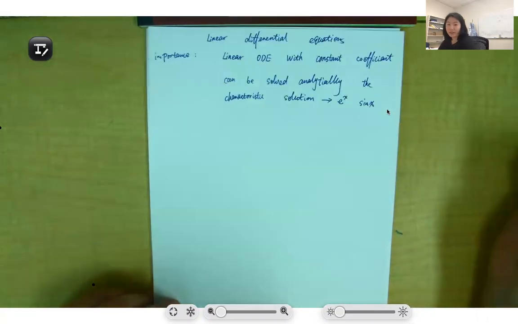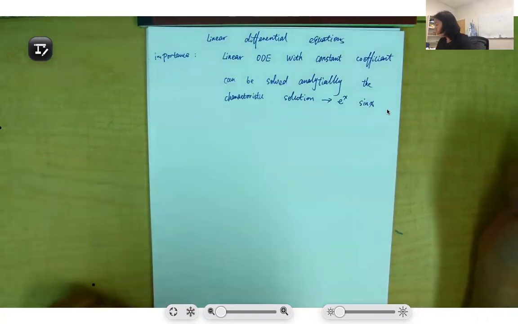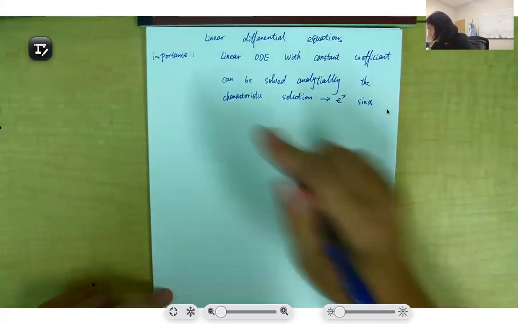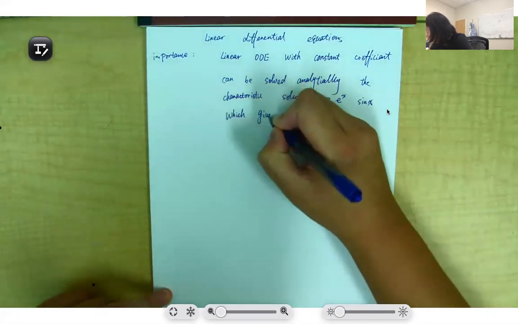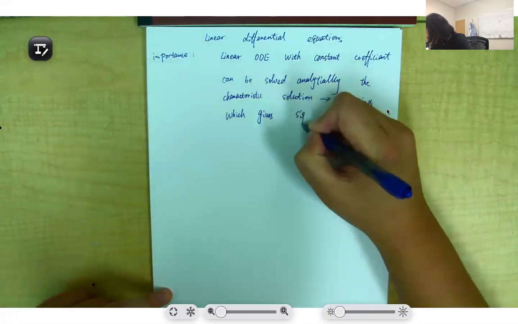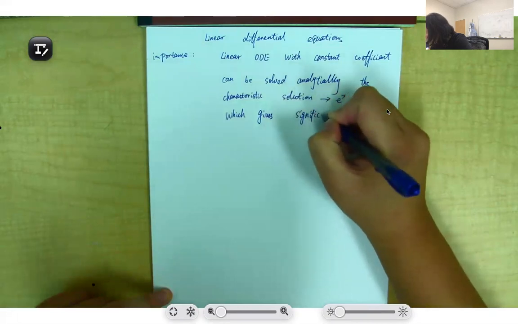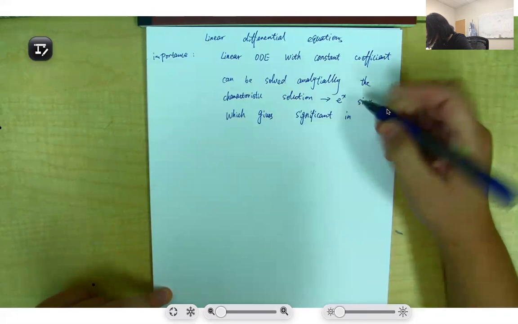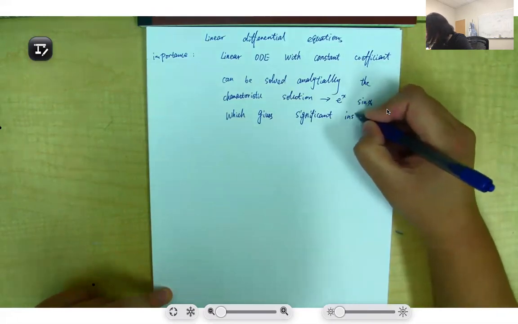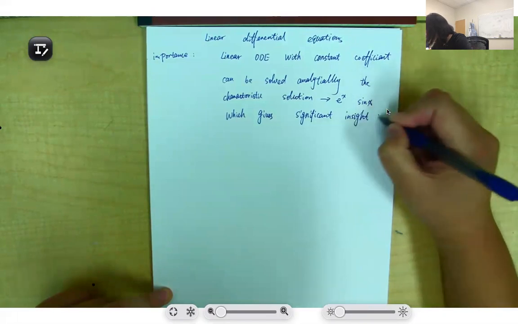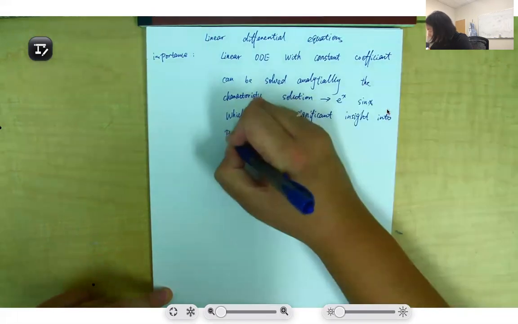So that is what the general characteristic solutions look like, and which give significant insights into physical behavior.